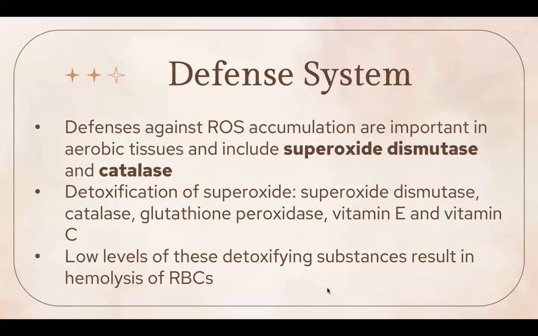Okay, now let's talk about these defense systems that we've been mentioning so much. Defenses against ROS are basically two important enzymes that we've previously mentioned: superoxide dismutase, or SOD, and catalase, right? Our RBCs produce superoxides because there is spontaneous dissociation of oxygen from hemoglobin.